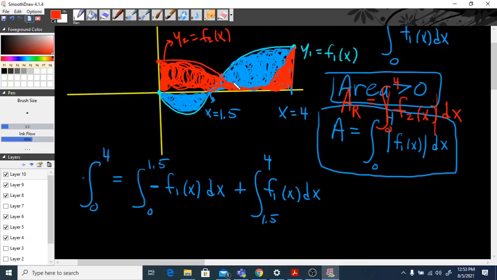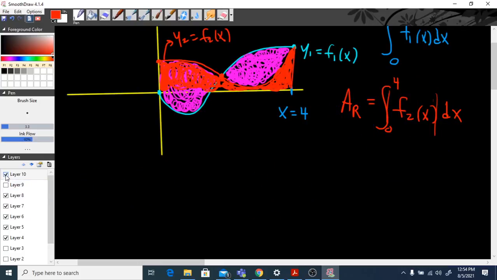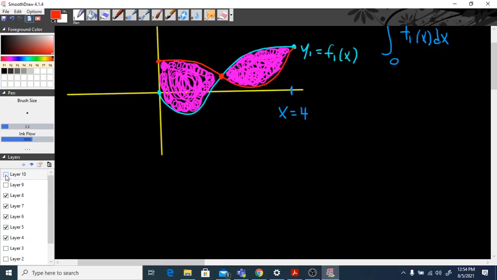So again, how can we just get the purple? How can we just get this right here? Well, what if we subtract?